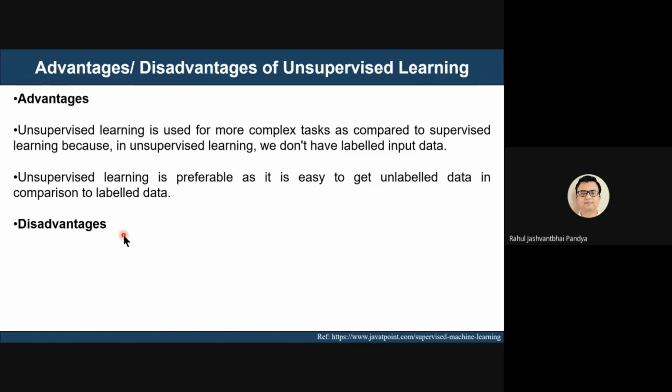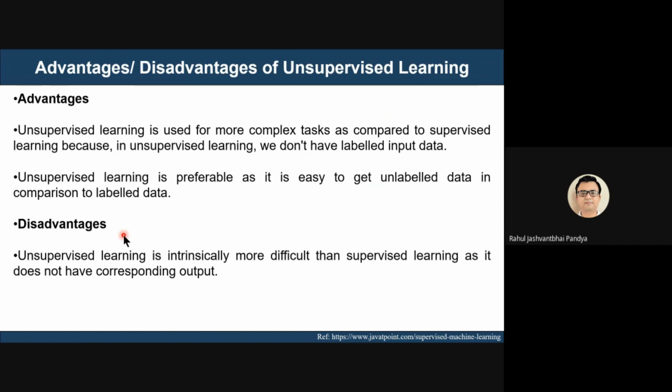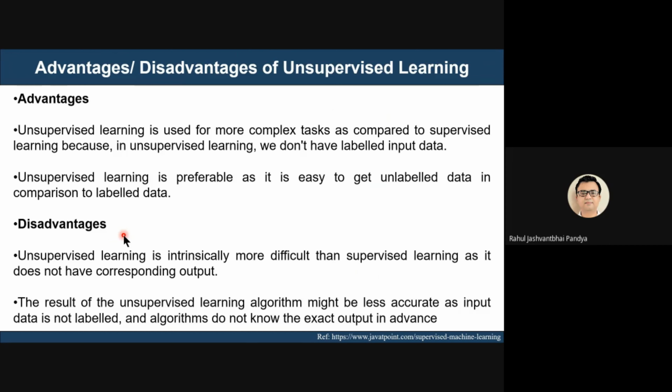There are certain disadvantages also. Unsupervised machine learning is intrinsically more difficult than supervised machine learning algorithms, as it does not have a corresponding output as a label. The result of an unsupervised machine learning algorithm can be less accurate as compared to supervised machine learning algorithms, because the data is not labeled and the algorithms do not know the exact outcome in advance.